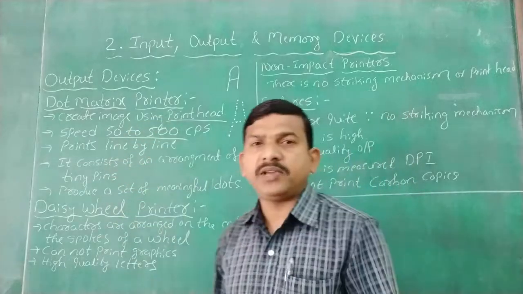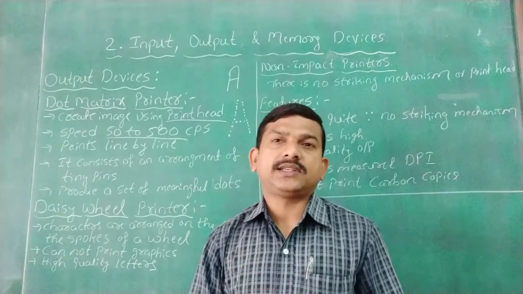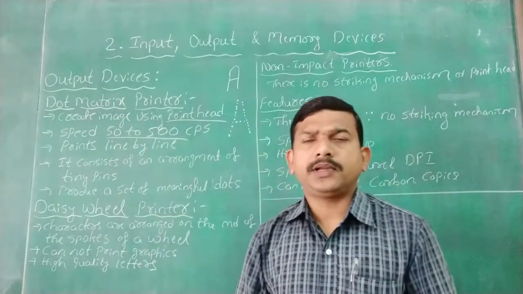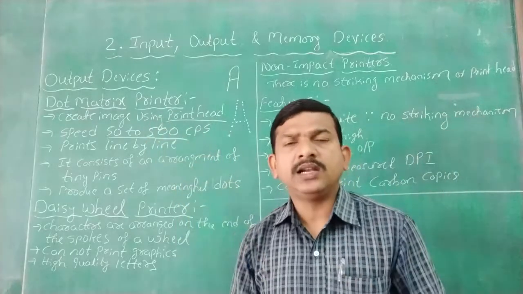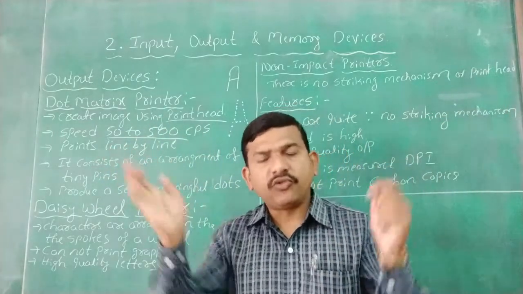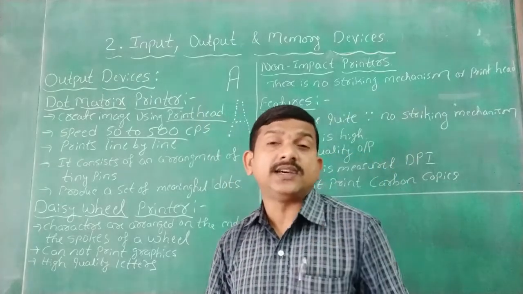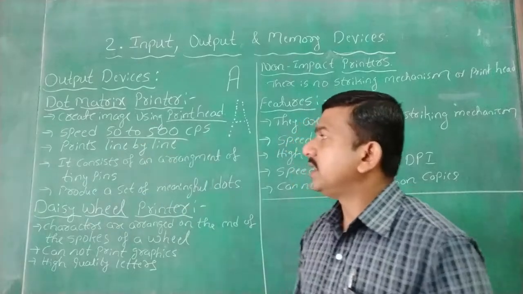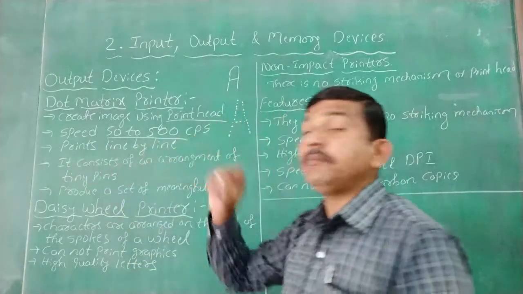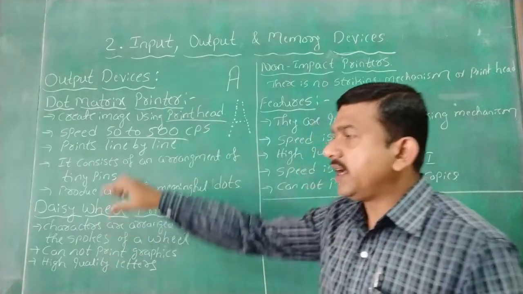So 50 to 500 means some dot matrix printers print 50 characters, some companies' around 100, some 200, some 300, some 400, maximum 500 characters per second. So that is the speed.